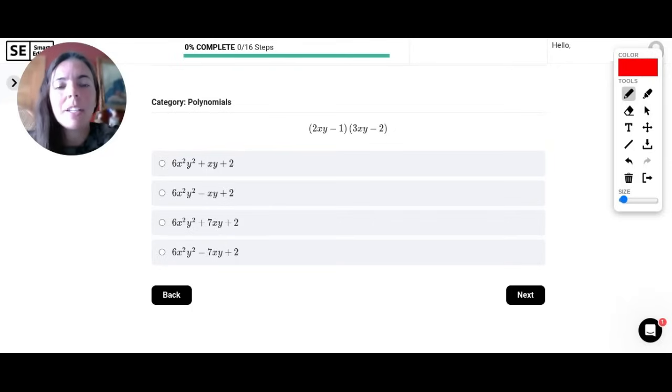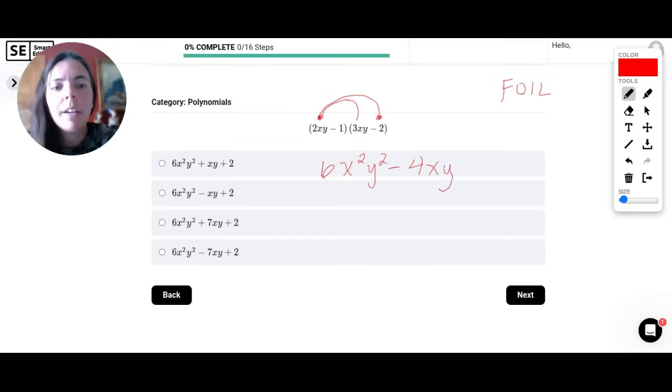All right, let's try this next one. 2xy minus 1 times 3xy minus 2. Okay, so when I have to simplify this polynomial, I'm doing binomial multiplication. I'm going to use the acronym FOIL. So first, outer, inner, last. So what that looks like is first term in each set of parentheses. 2 times 3 is 6, x squared, y squared. Now outer, the outside term times the outside term. 2 times -2 is -4, and then xy.